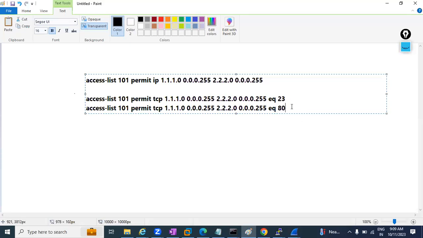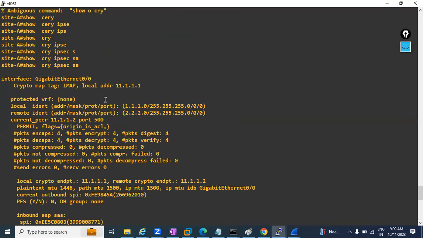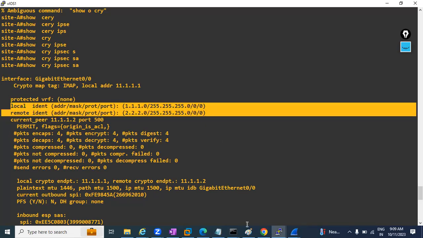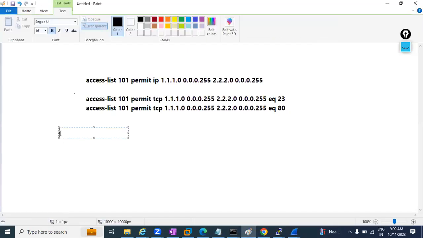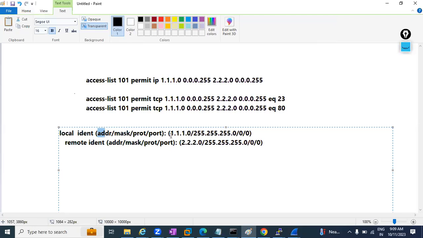When you mention these entries here, after that, this information would be updated. Right now, this is the local client and remote client information. The address is what they have mentioned. The mask is what they have mentioned. Which protocol and which port number? They have not mentioned anything, because IP is for all.